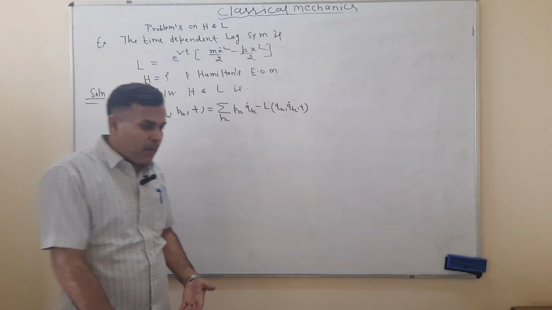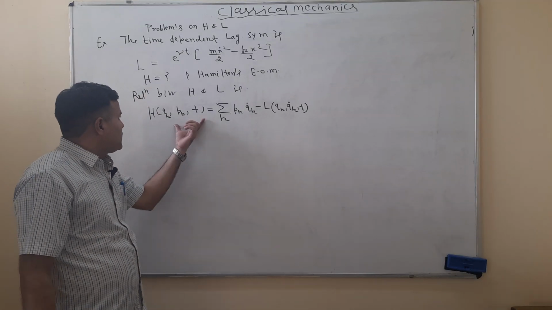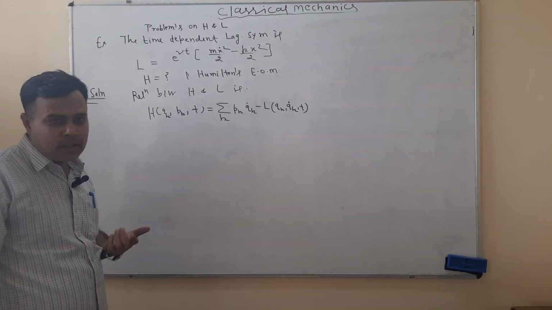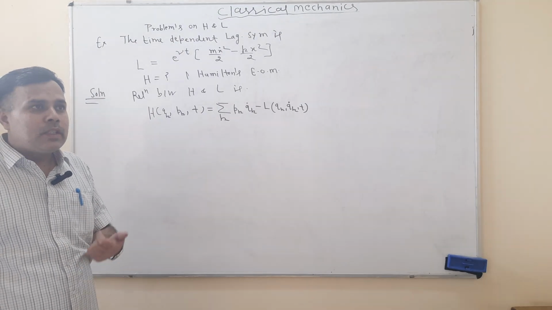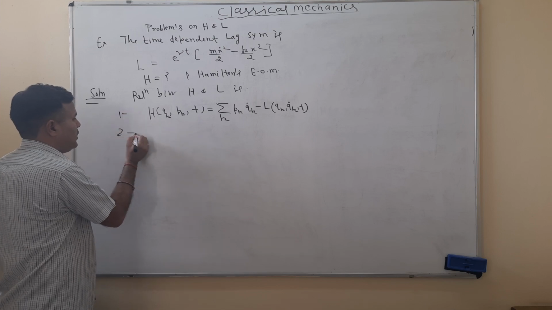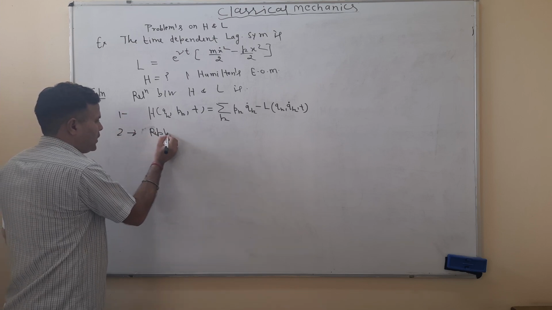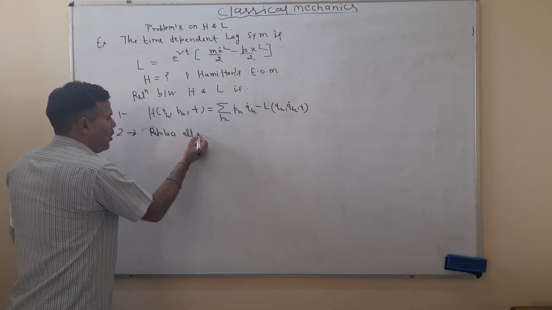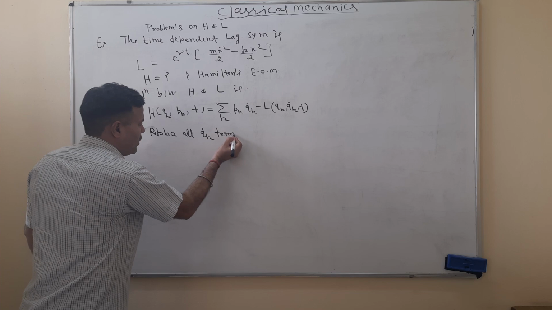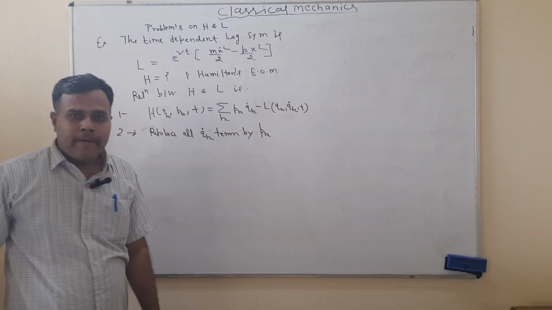So how do we set it up, or what is our next step? Our first step is to write down the relation between L and h. Second, replace all qk dot terms by pk.